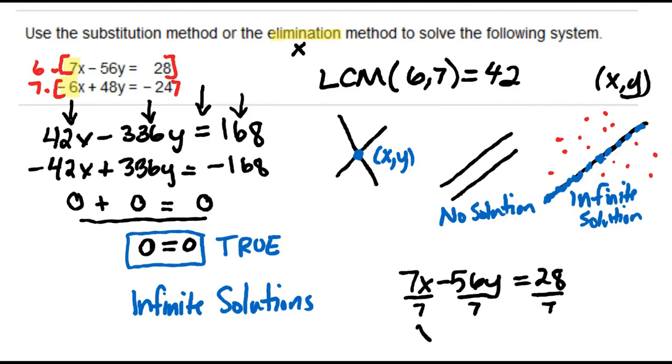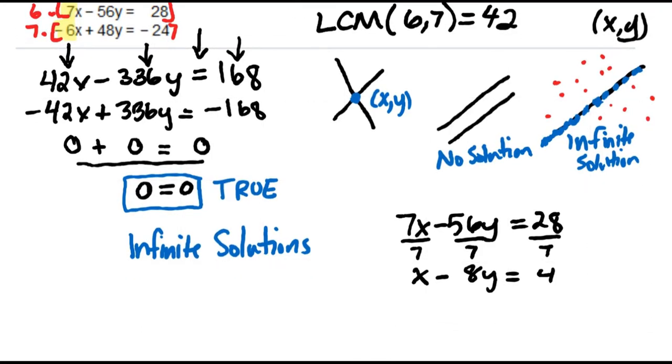That gives me x minus 8y equals 4. And then I can solve for x. I'm choosing to solve for x because it doesn't have a coefficient. If y didn't have a coefficient, I would solve for y. Once again, I'm trying to avoid fractions. So I'm adding 8y to both sides, and I get that x equals 8y plus 4.